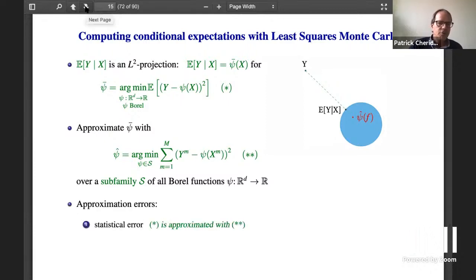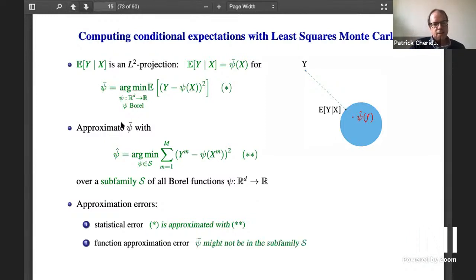Okay, and so if you do this, you make at least 3 mistakes. One mistake is a statistical error, which comes from approximating the true expectation with this empirical mean here. But in the setup we have here, simulation is quite cheap. So this first error is not a major concern to us because we can choose the M in the empirical average very large.